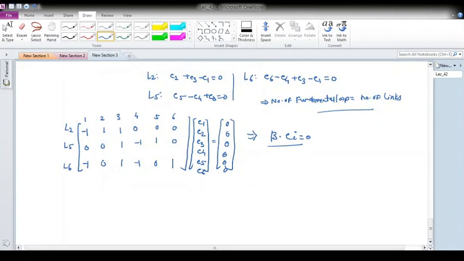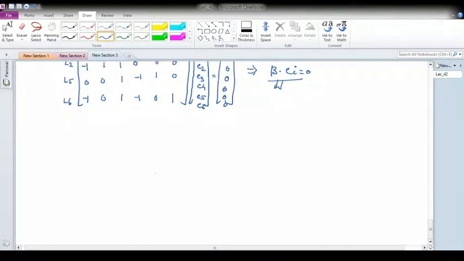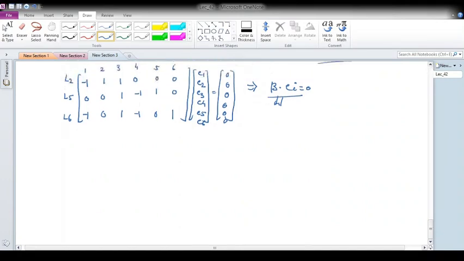Basically the B matrix is known as the tie-set matrix. There is also the incidence matrix, but the method is tie-set, that's why it is the tie-set matrix. The size of B is number of links by number of elements, and the number of links is the number of edges minus the number of twigs. Here it is 3 by 6.